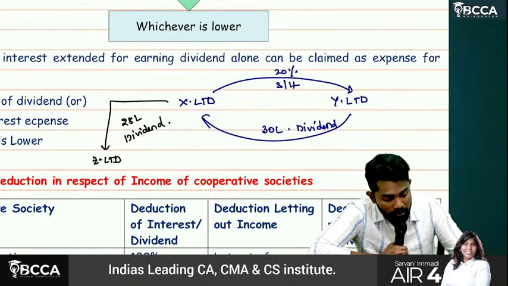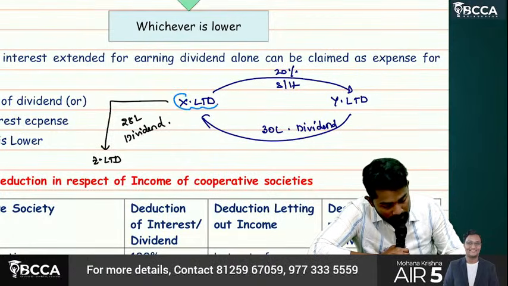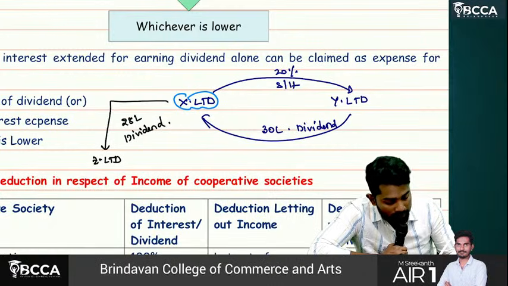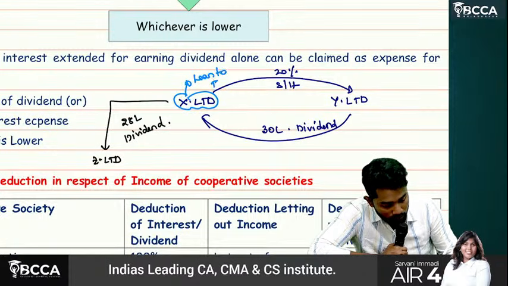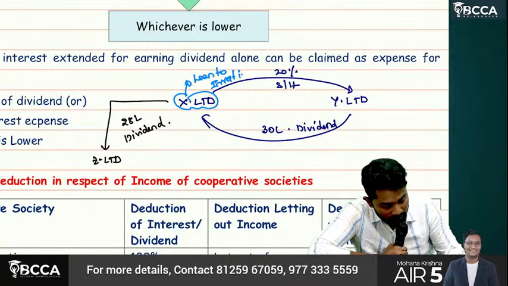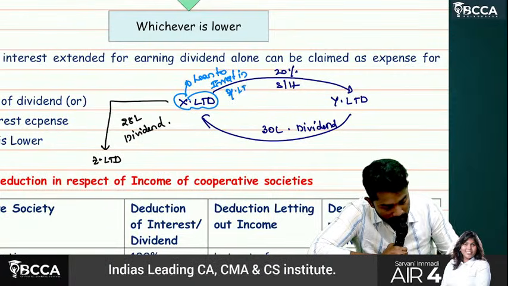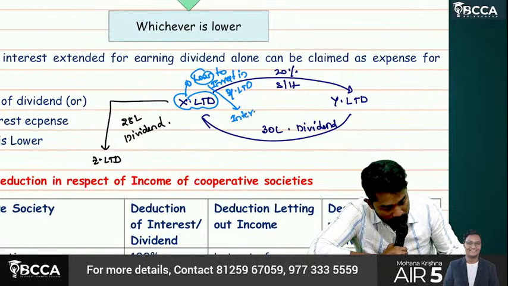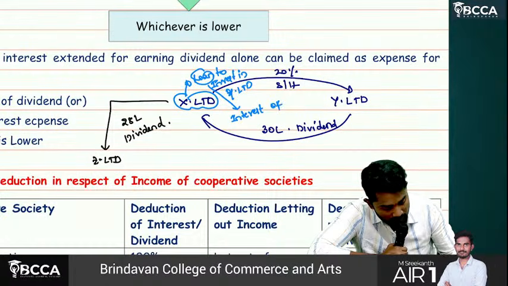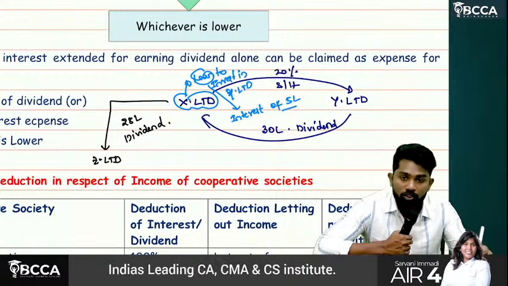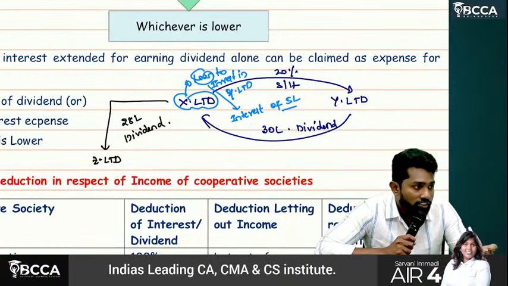But the extra point they'll give is this: X Limited, to make this investment in Y Limited, took a loan. On that loan, there is an interest of 5 lakhs.